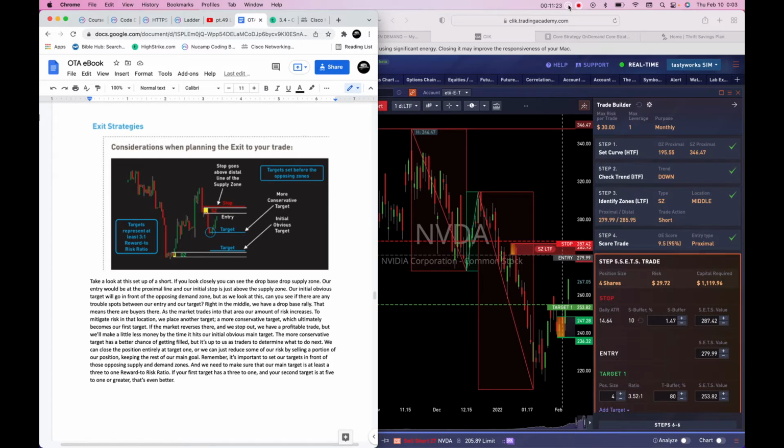The more conservative target has a better chance of getting filled, but it's up to us as traders to determine what to do next. We can close the position entirely at target 1, or we can just reduce some of our risk by selling a portion of our position, keeping the rest of our position open in case it hits our main initial obvious target.